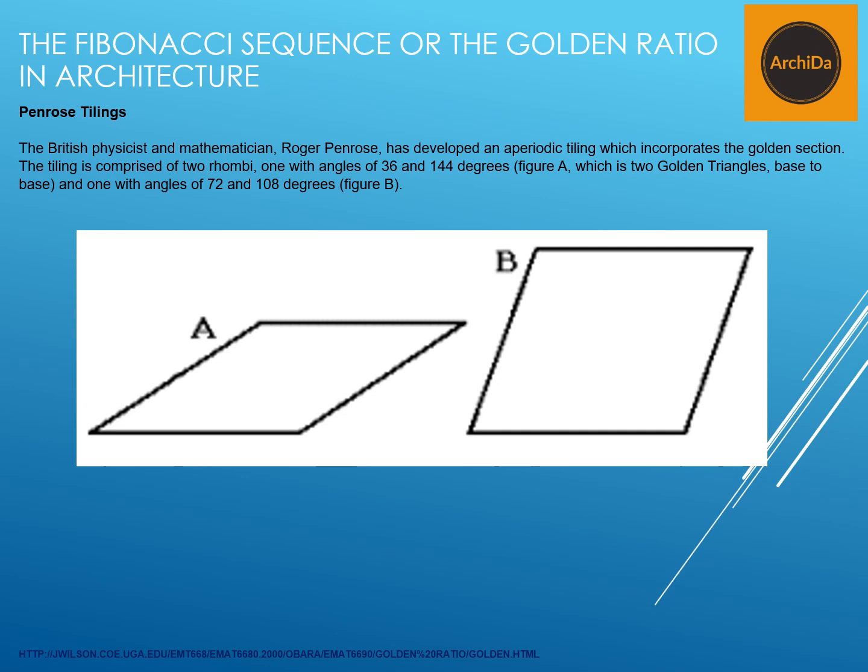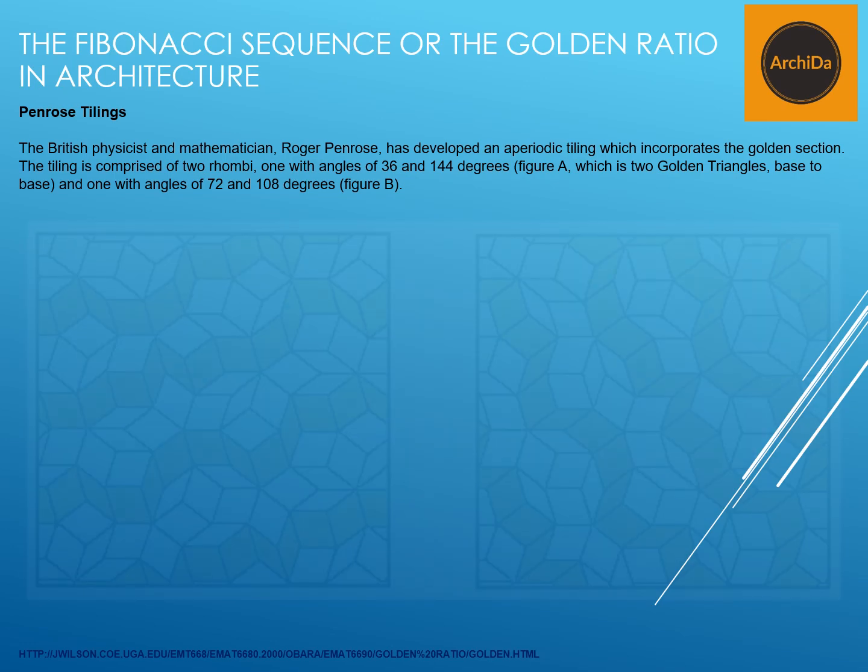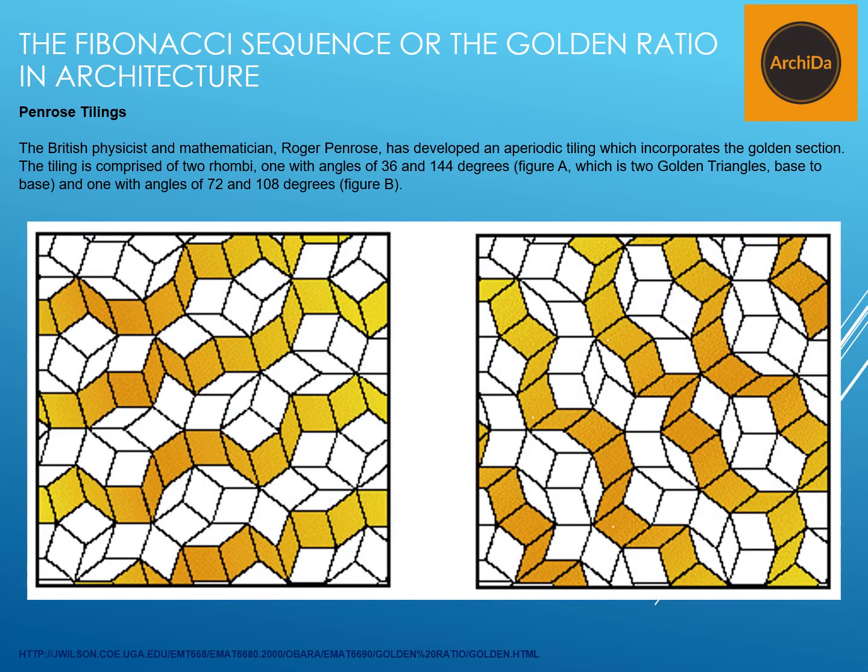In addition to the unusual symmetry, Penrose tilings reveal a pattern of overlapping decagons. Each tile within the pattern is contained within one of two types of decagons, and the ratio of the decagon population is of course the ratio of the golden mean.